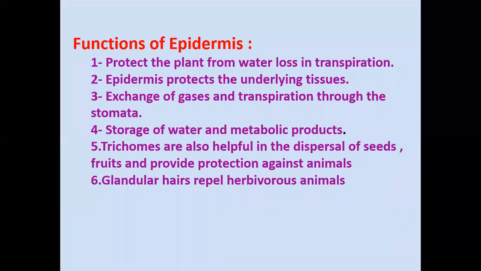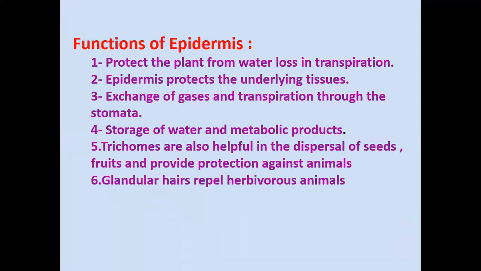Next, lastly we discuss the functions of the epidermal tissue system, mainly the epidermis. First one is to protect the plant from water loss in the transpiration process. Epidermis protects the underlying tissues also. Different types of tissues are there, complex tissues and permanent mature tissues, which are protected by the epidermis layer only.